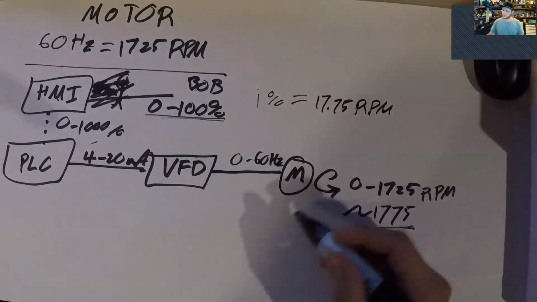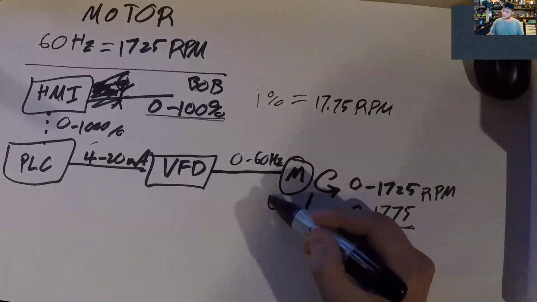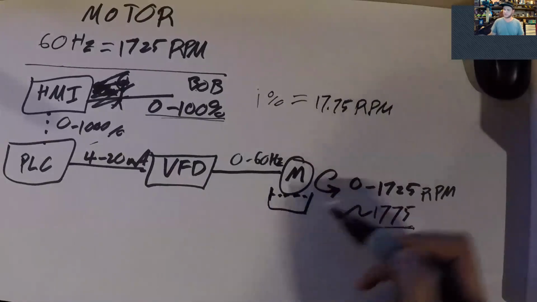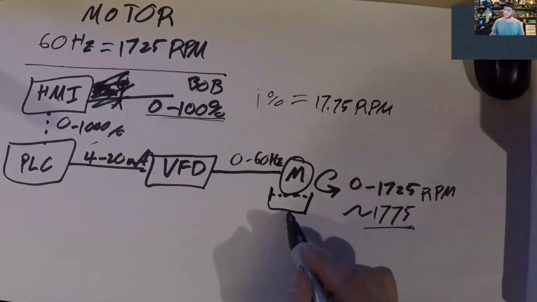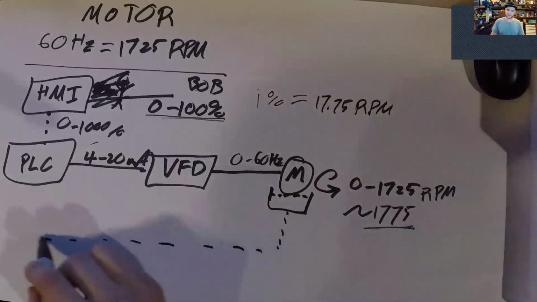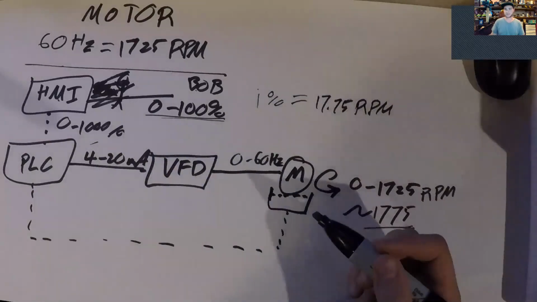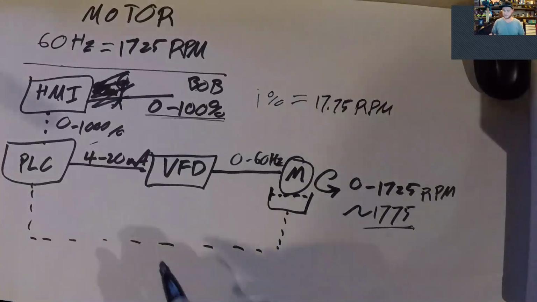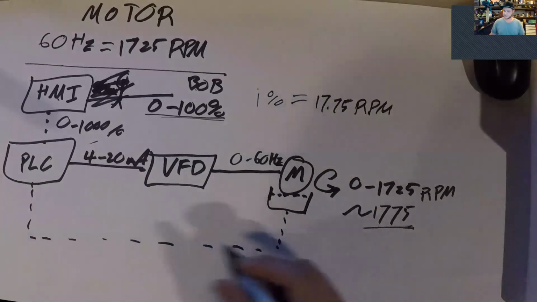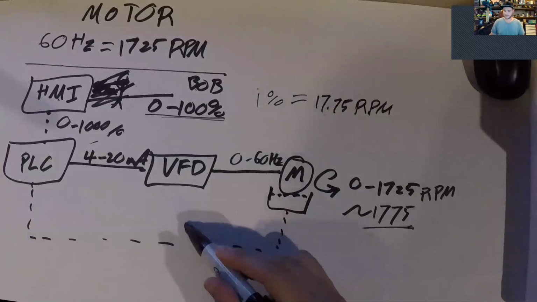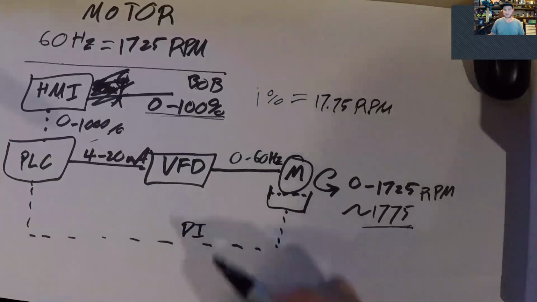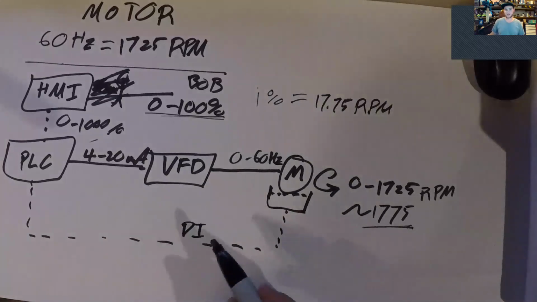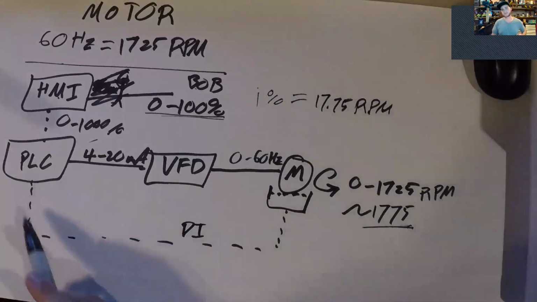So now we have our little fork sensor. He's reading the motor speed, and we're feeding this back into the PLC. Now, this is simplified because really this is a discrete input that just goes on and off, and then we're doing a bunch of math and timing in the PLC.